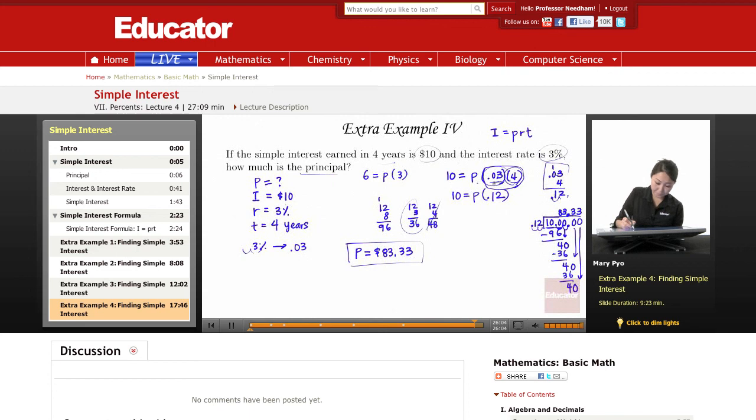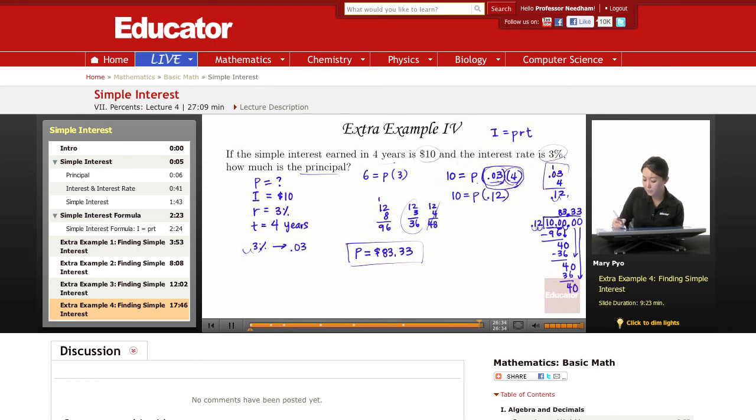Okay, again, I'm solving for P, right? So here, I can multiply, because everything is multiplied together, P times R times T. Since I can't multiply P times a number, I can do number times the number. These two I can multiply together. That's what I did. Multiply them, get 0.12. Then, to find what P is, remember if we have this example, I can do this number divided by the 3. So I'm going to do 10 divided by 0.12.